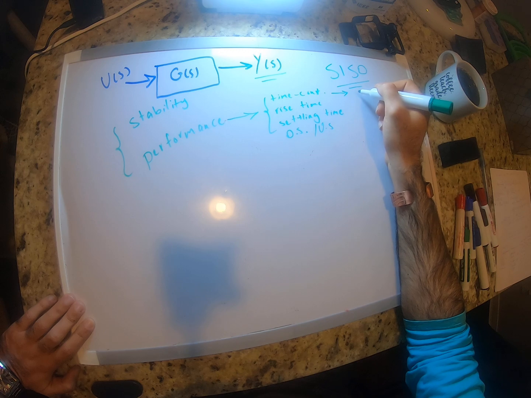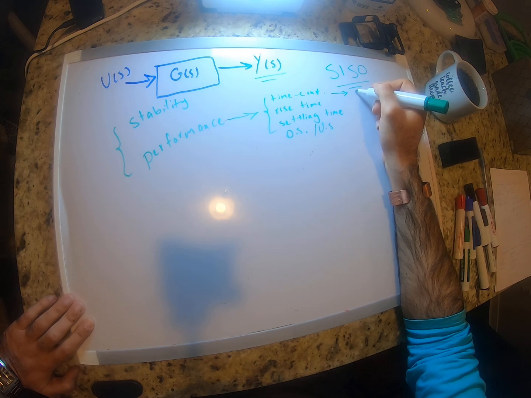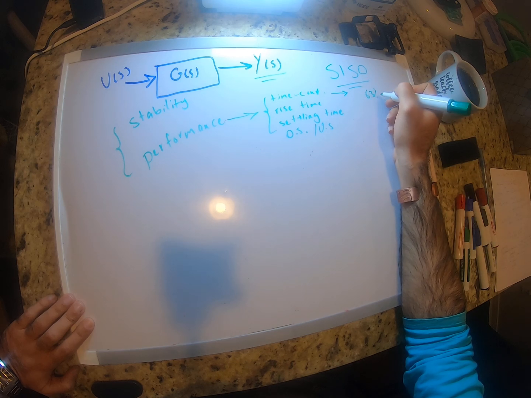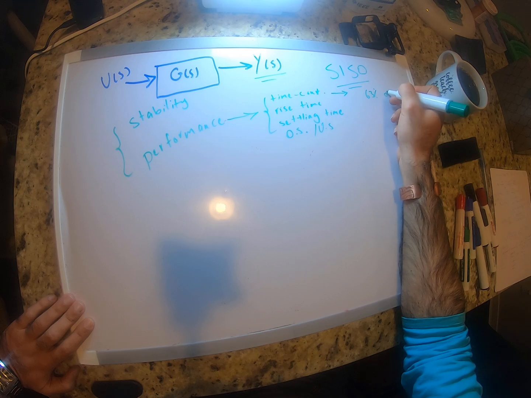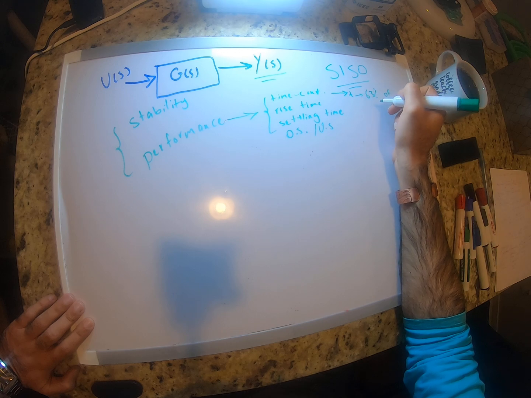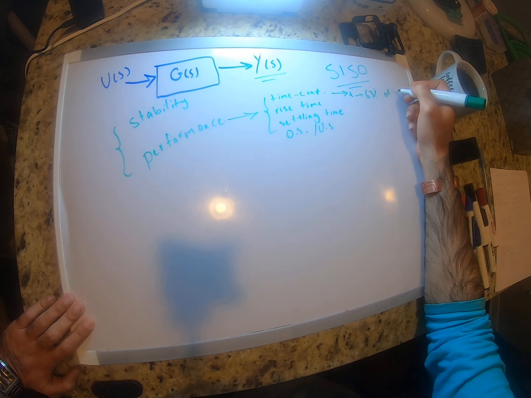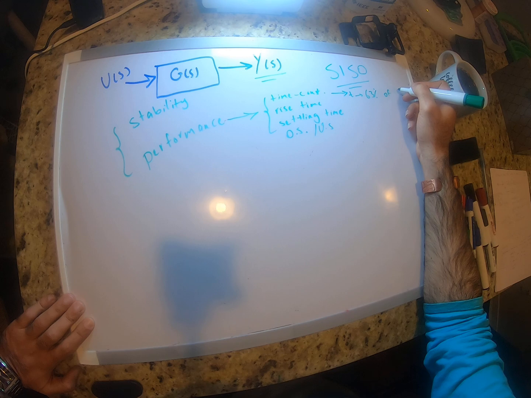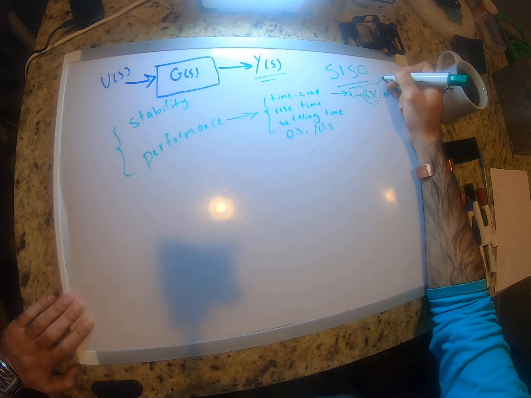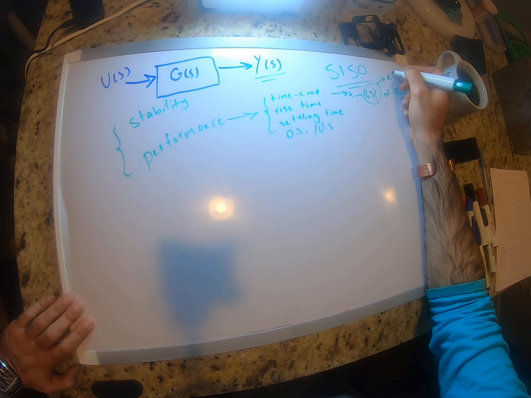Time constant is basically the time that it takes for the output to get to 63% of the final value. And 63% is basically just 1 minus e to the power -1.